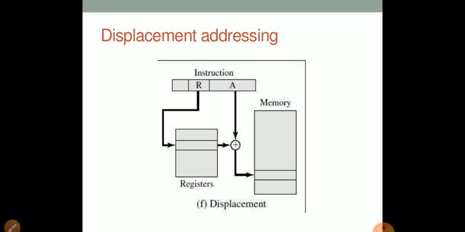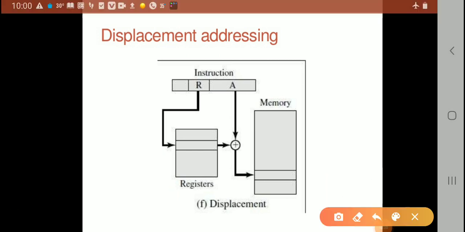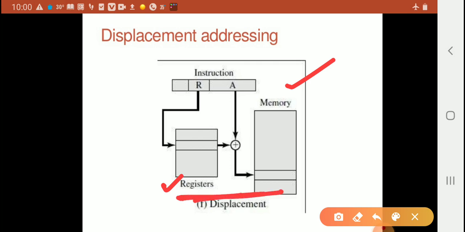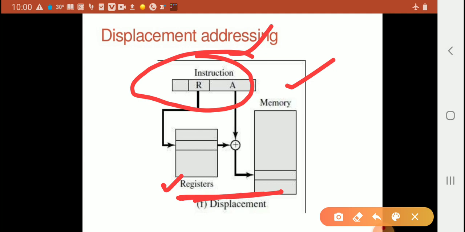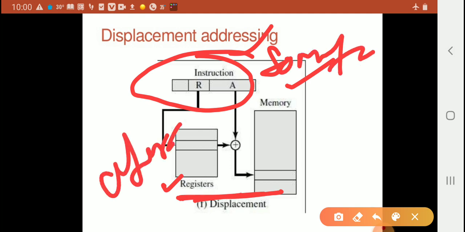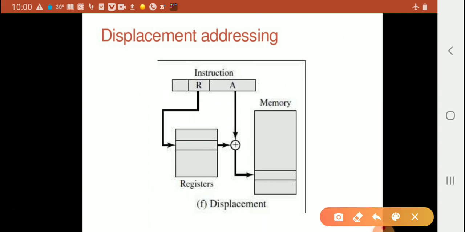Displacement addressing. Displacement addressing applies a displacement to the register and memory location. So in the displacement addressing mode, the instruction executes with a distance between the source and the operand.